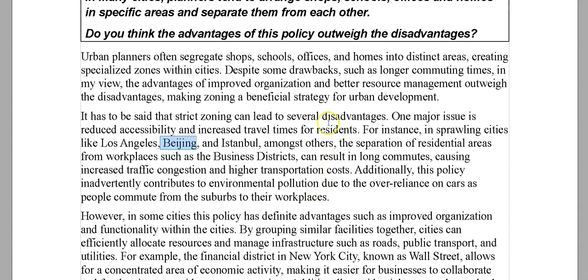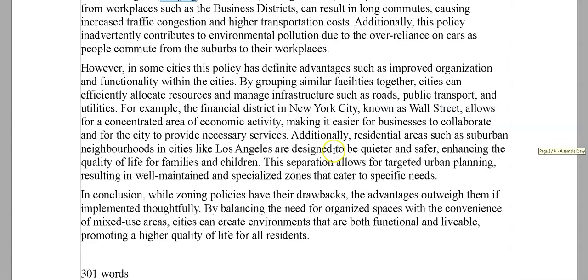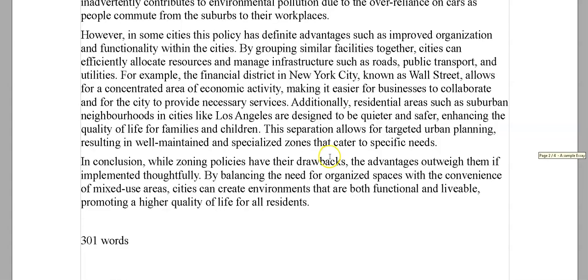All right. So what are the advantages though? Well, there are some. The business districts, they usually have all the banks and all the stuff grouped together. Residential areas also are usually grouped together, usually in the suburbs.